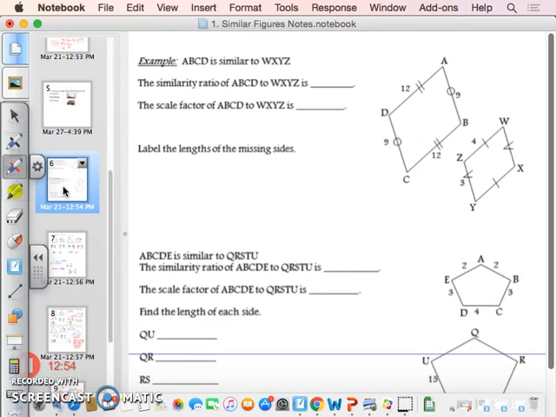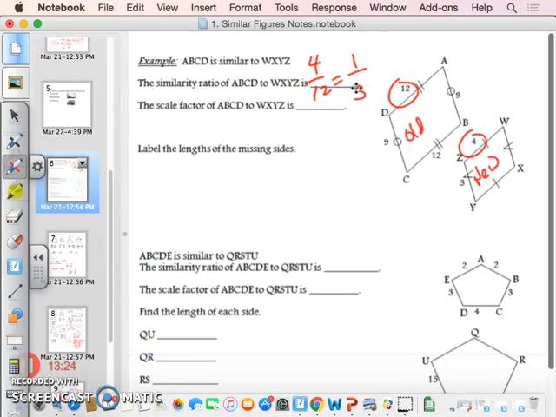So if I wanted to find the similarity between AD, BC, and WZYX, I know that this is going to be my old, and this is my new. So when I'm trying to set up my similarity ratio, I'm going to put old on top and new on the bottom. So this side is my new side, this side is my old side, so it would be 4 over 12, which is equivalent to 1 over 3.